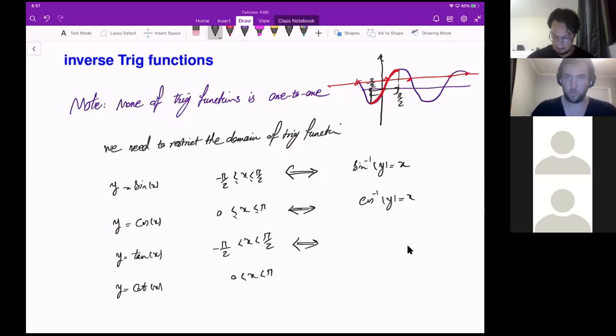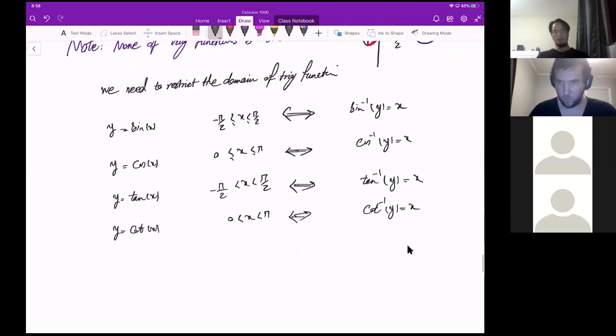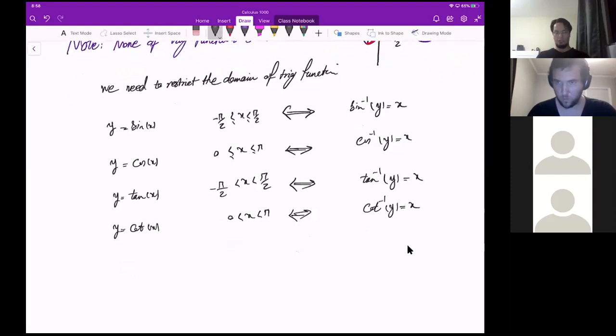Those are the same things as sine inverse, cosine inverse, tan inverse. And we have similar things for secant and cosecant. Only on those domains this is true.